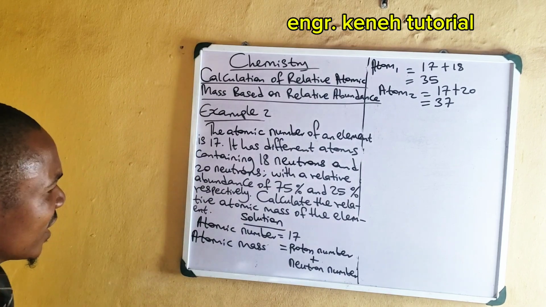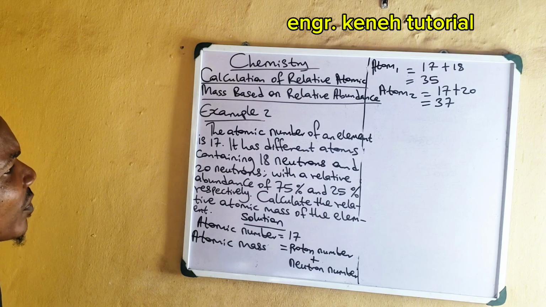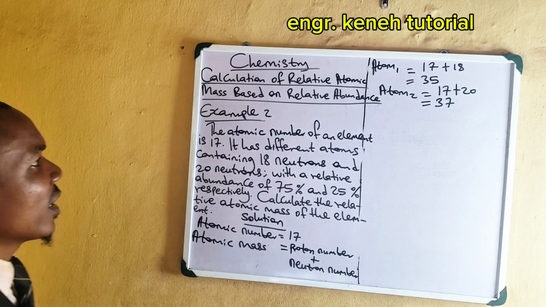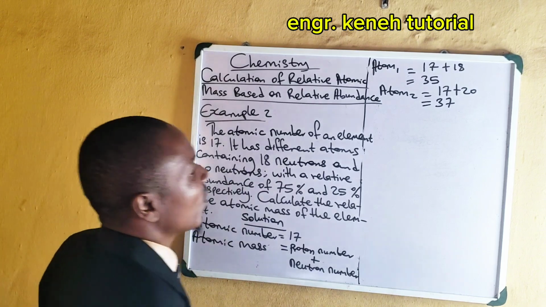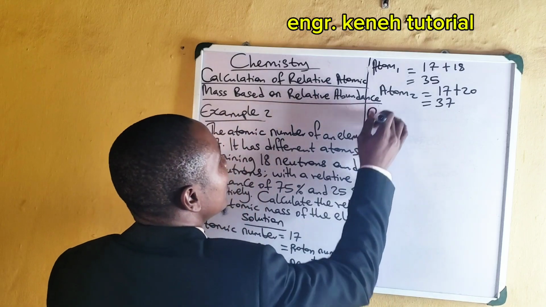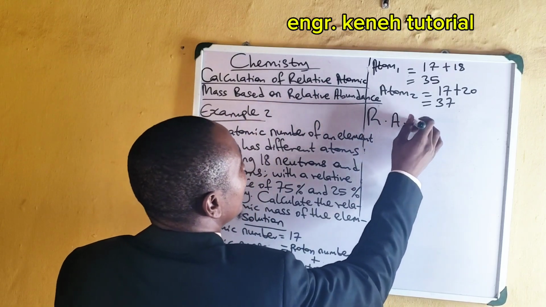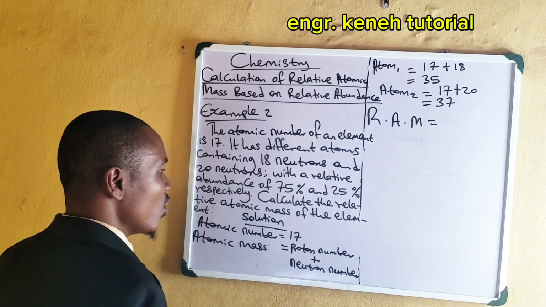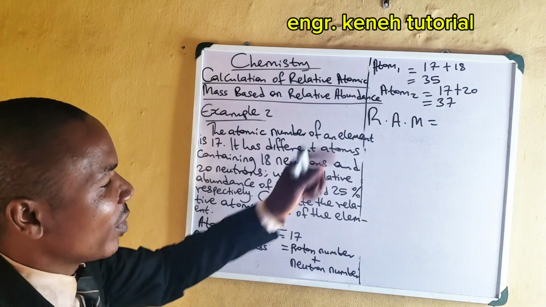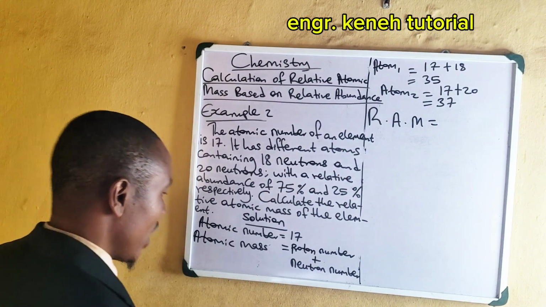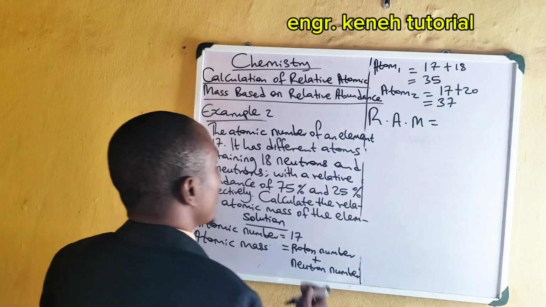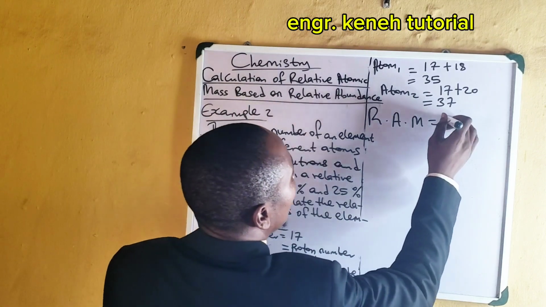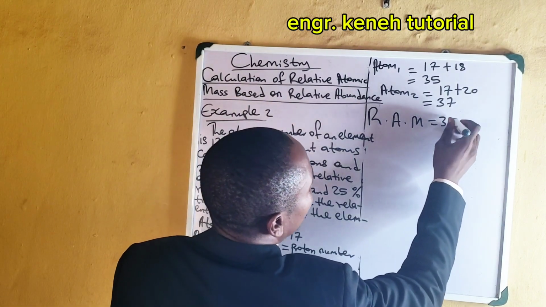All right. So for us to calculate the relative atomic mass of this, we call it the relative atomic mass of this element. We use the abundance to multiply the individual mass. All right. So what do we have here? We have 35. Can you see that?